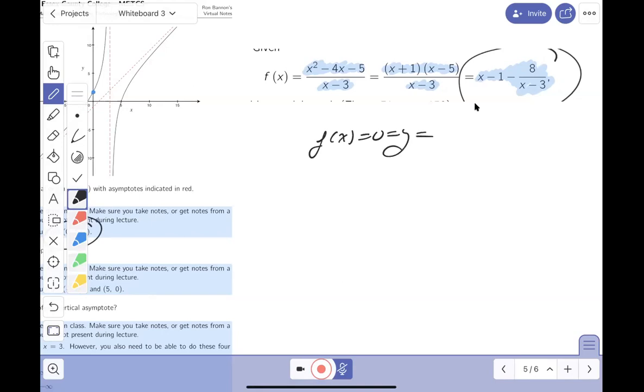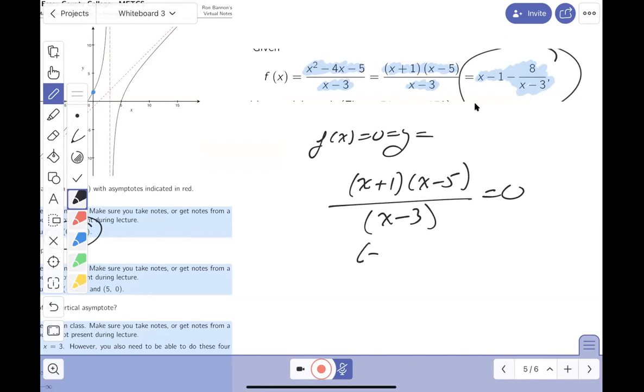Well, if y is equal to 0, what I'm basically saying is that this factored form is equal to 0. And when would that occur? Well, it's only if the top becomes 0, provided the bottom is not simultaneously 0. And that would occur at -1, and it would occur at 5.